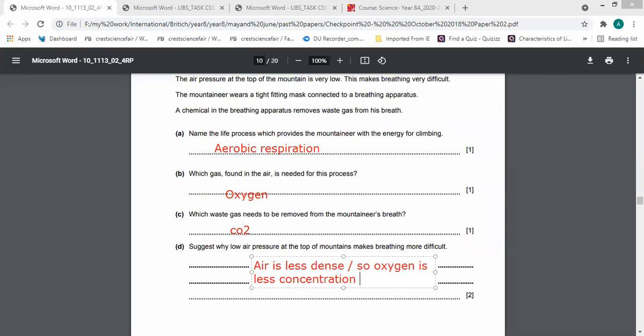Okay, we can say air is less dense than oxygen, so oxygen has less concentration. Clear? Yes. Have you finished? Yes. Okay.